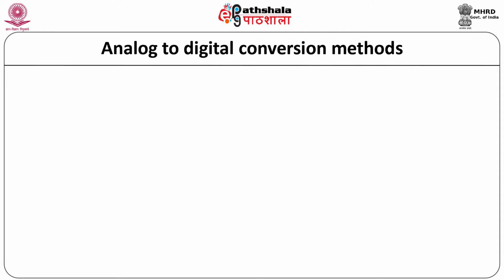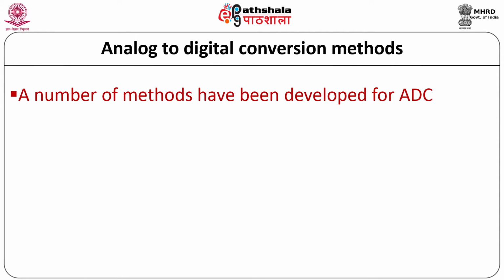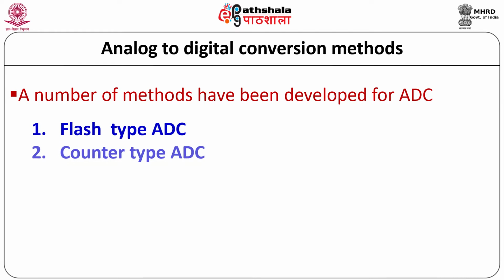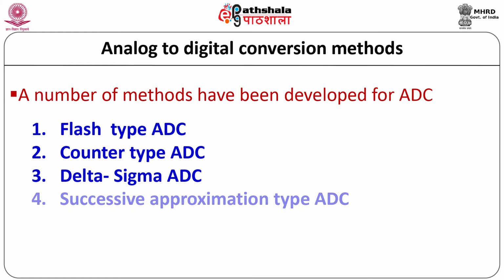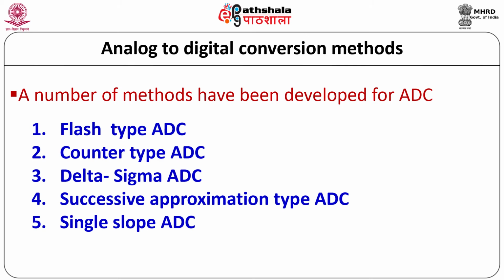There are different methods to convert an analog signal into equivalent digital form. The first is the flash type ADC, then the counter type ADC, delta sigma ADC, successive approximation type ADC, single slope ADC and the dual slope ADC.